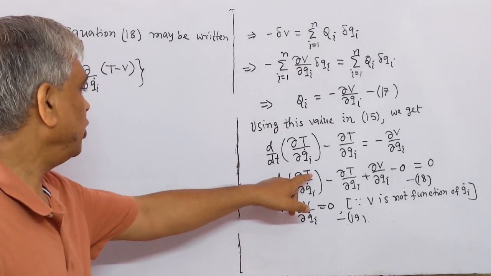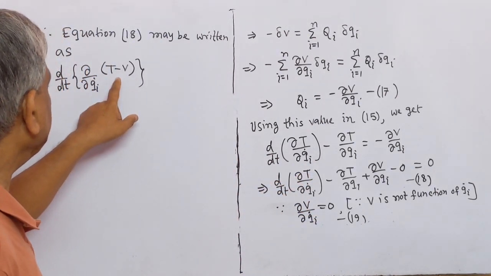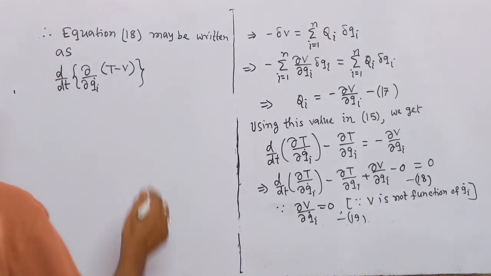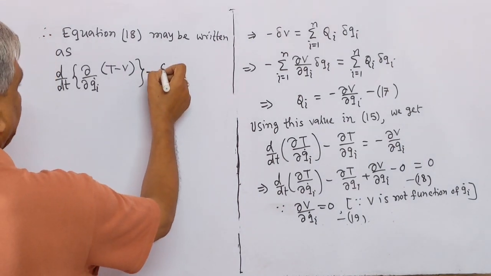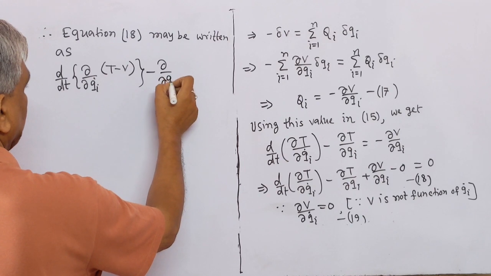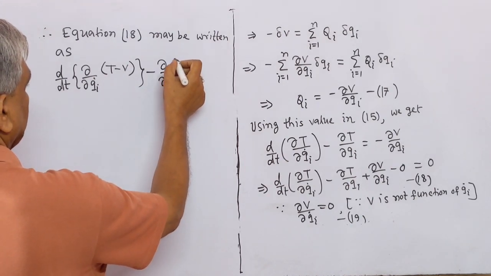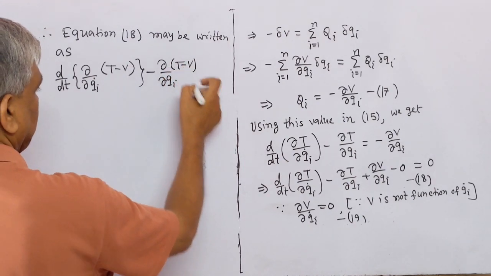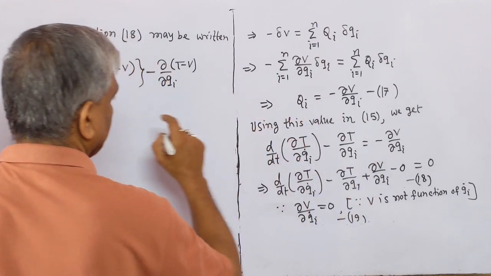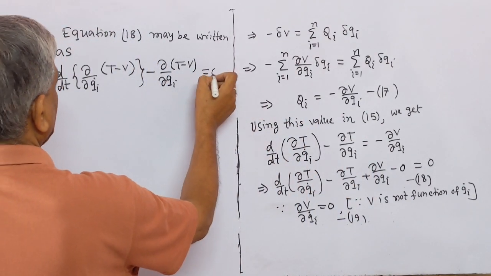Here it was only T. Here we have written T minus V, minus partial derivative with respect to qi of T minus V. Here T, here V is equal to 0.